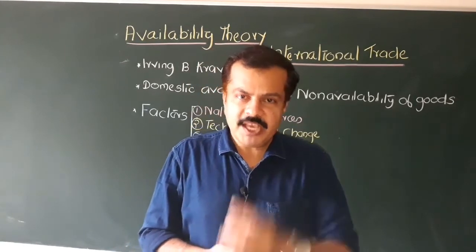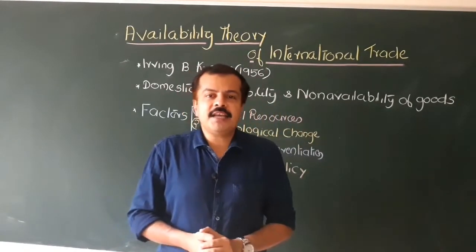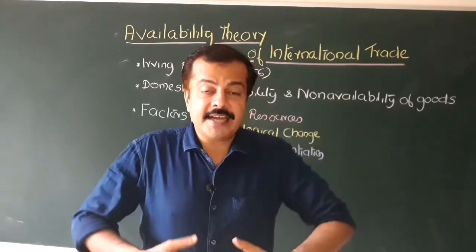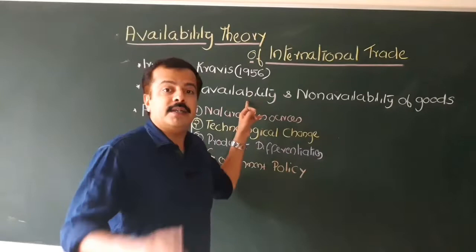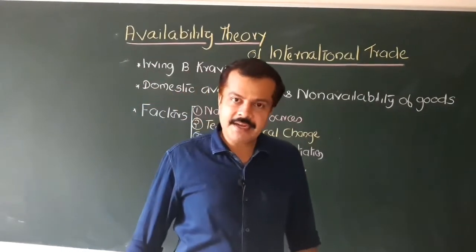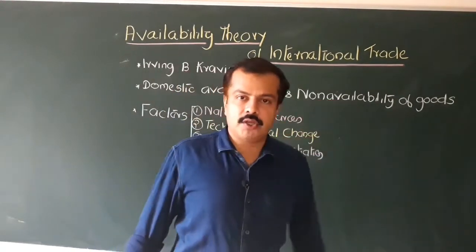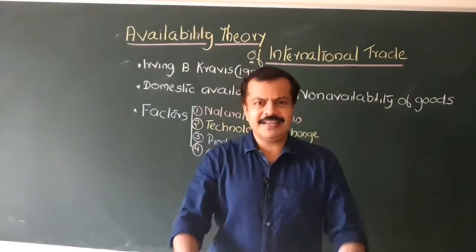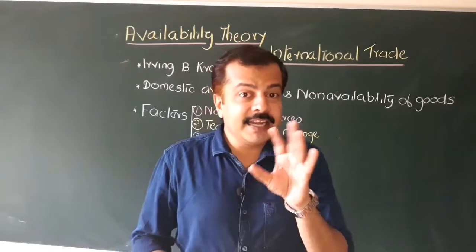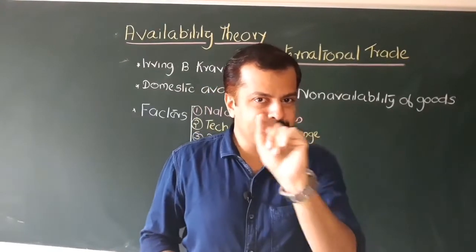And he points out that a country will tend to export those commodities which are available domestically and tend to import those commodities which are not available domestically. A very simple assertion, but there are a number of implications of this particular argument.